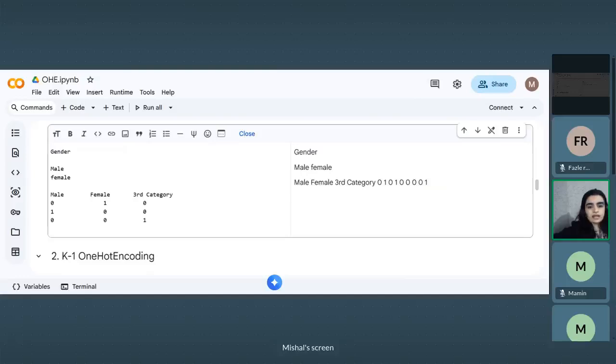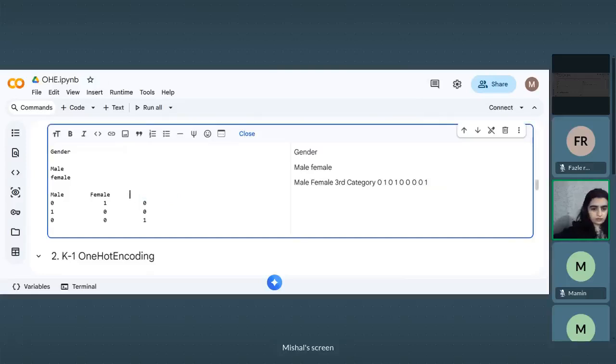If I am going to convert it like this with 0 and 1, the first sample is female, so here we have written it as 1, and this one is 0.